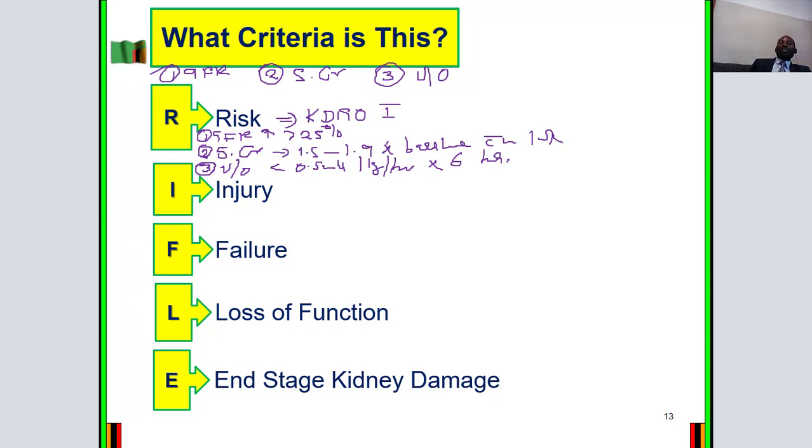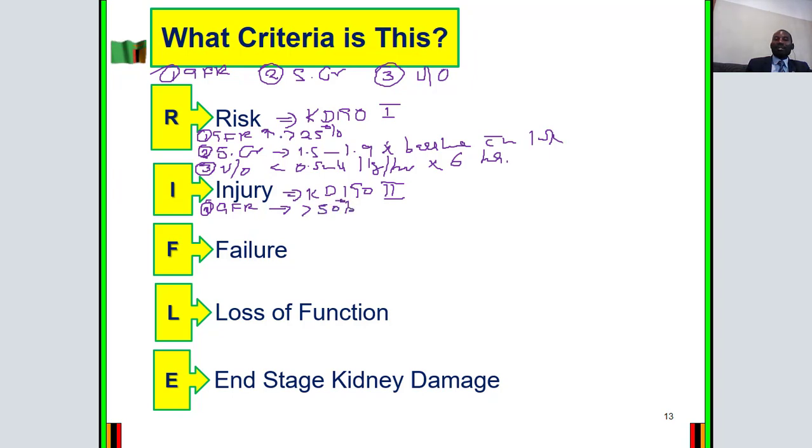Then we go to stage 2, injury. Just the same as KDIGO stage 2. Let's look at the glomerular filtration rate. It will increase more than 50%.